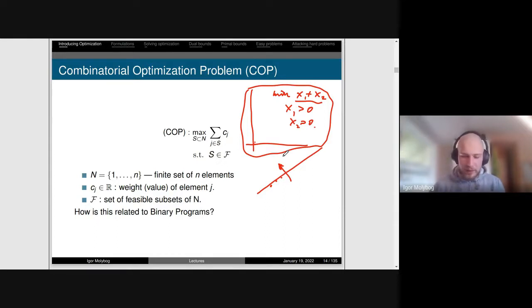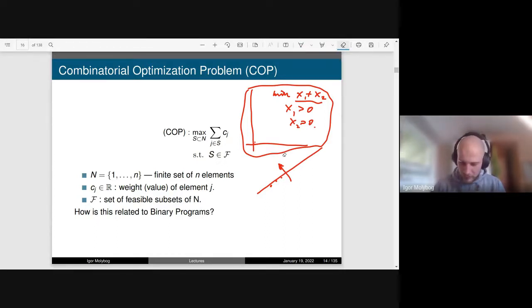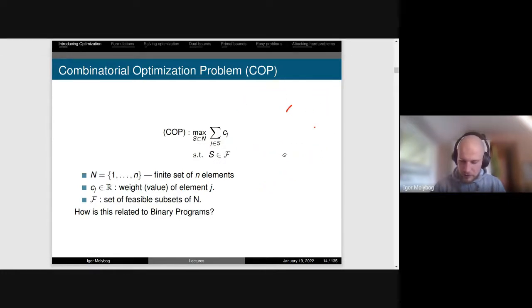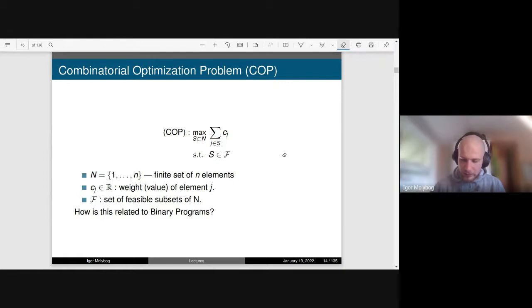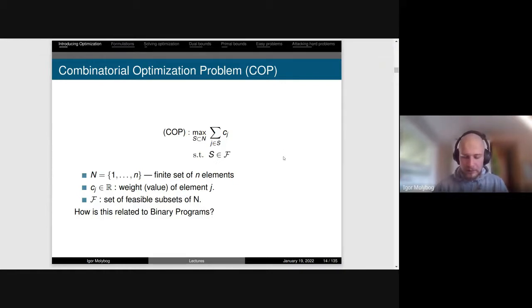Okay, so the combinatorial optimization problem. The combinatorial optimization problem is similar to the integer optimization problem, but a slightly different one. In this case, our feasible set is actually a set of subsets.